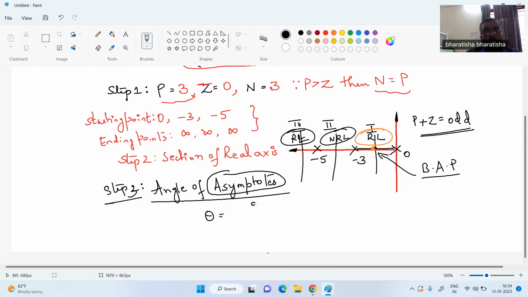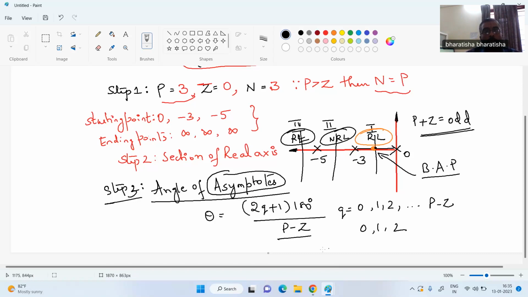It is given by (2q plus 1) into 180 degrees by p minus z, where q will be 0, 1, 2, up to p minus z. Now you have to start calculating. P is 3, Z is 0. So you will get q as 0, 1, 2. You have to just substitute 0, 1 and 2.